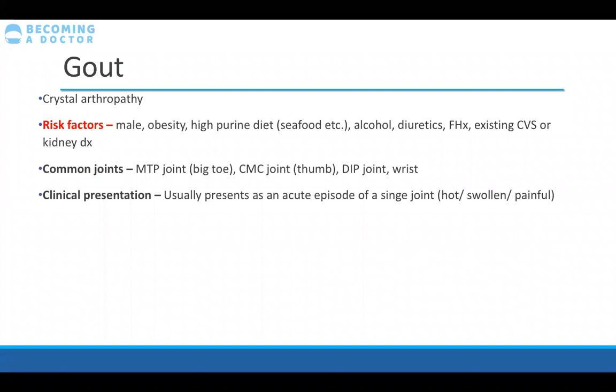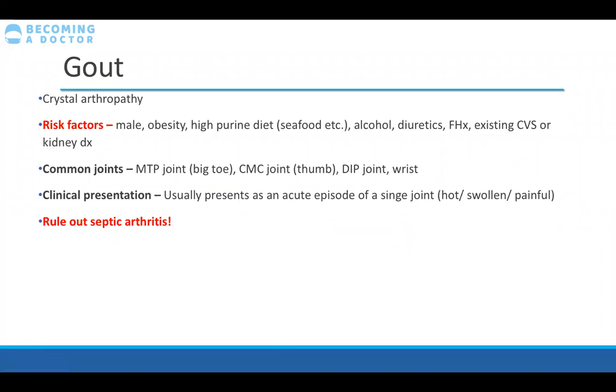Clinical presentation, it usually presents as an acute episode of a single joint. It can be hot, swollen, painful, all three, or one of them. And it's important that you keep septic arthritis as a differential, and you want to rule that out.